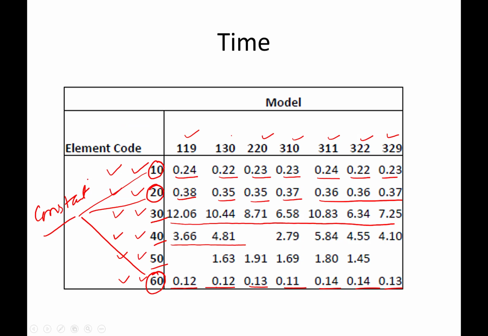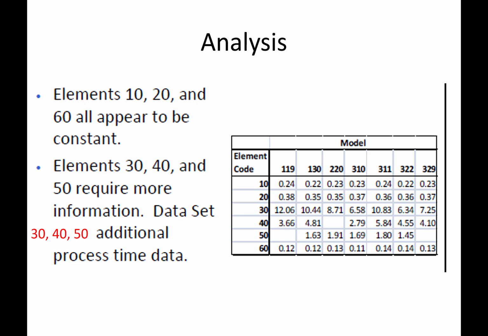So the time values are changing significantly, like 0.275 to 5.84, so there is a lot of variation. Similarly here, for these three elements 30, 40 and 50, there is a lot of variation in the time for the different models, suggesting a possibility of a variation in the time with certain characteristics related with the job. So additional data sets are available for these.